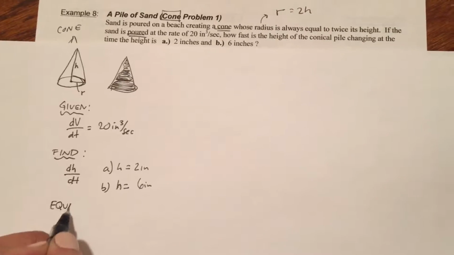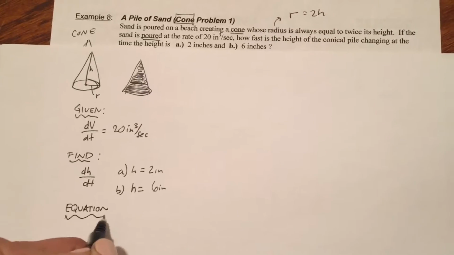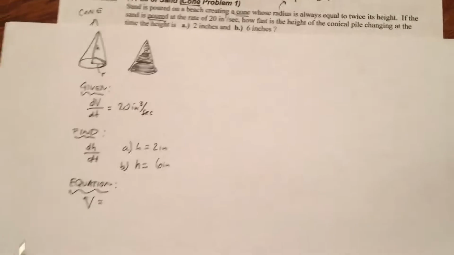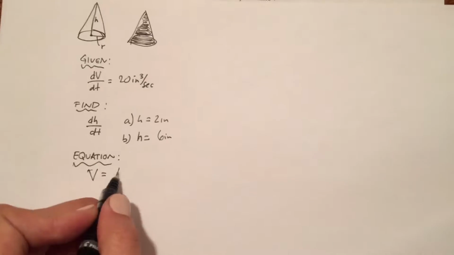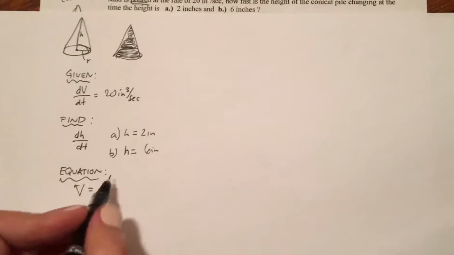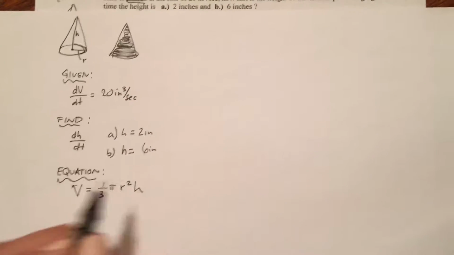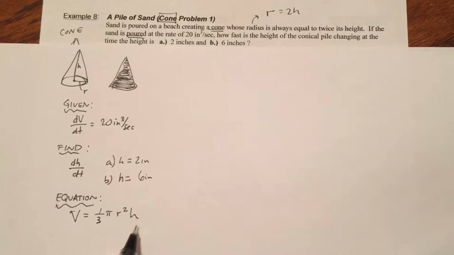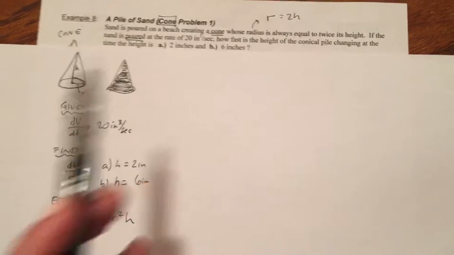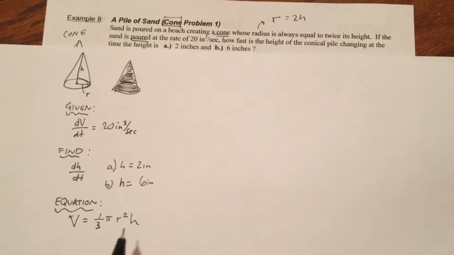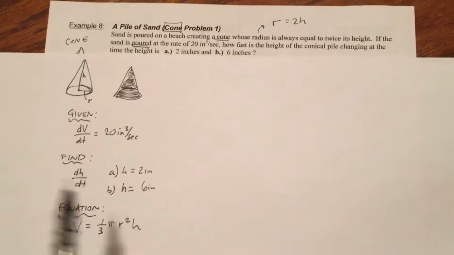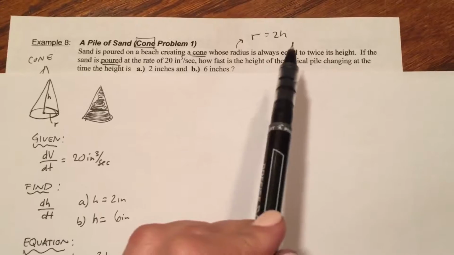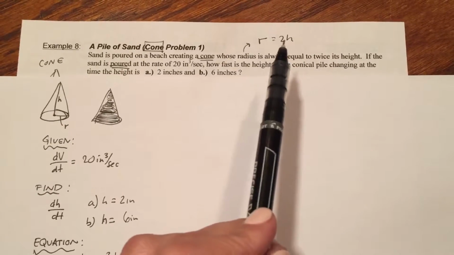Since we're dealing with volume, the thing that relates all of this is our volume formula, which you might have to brush up on: volume equals 1/3 pi r squared h. In the context of this problem, we can make finding the derivative easier by turning this into one variable instead of two, where we'd have to use the product rule, because of the relationship they told us, r equals 2h.